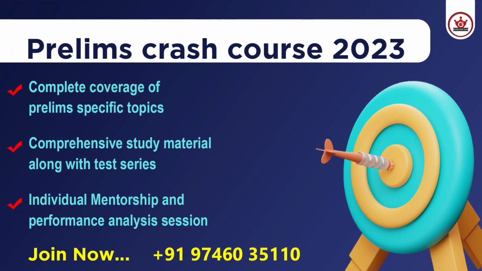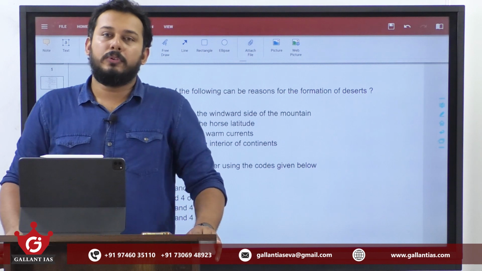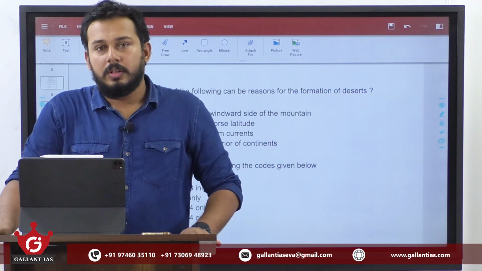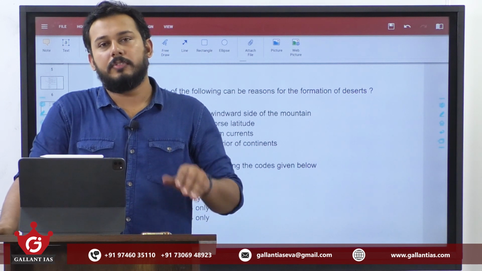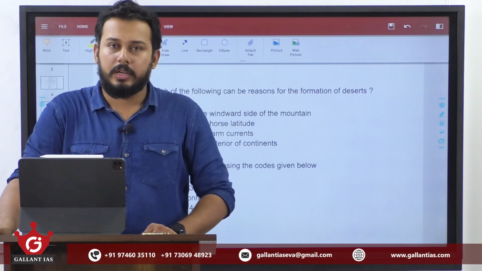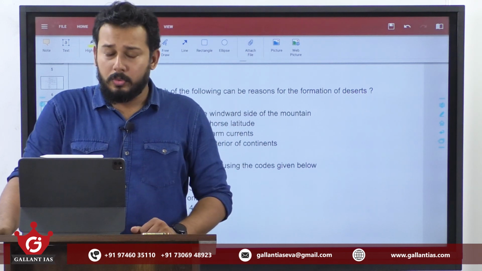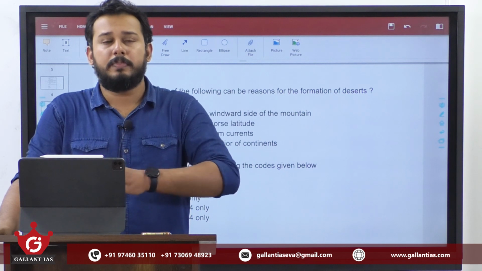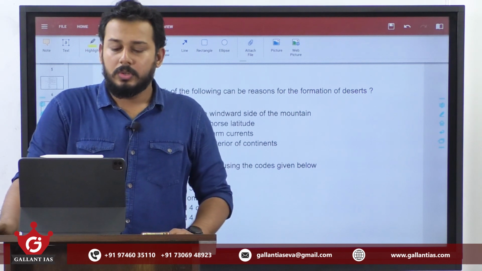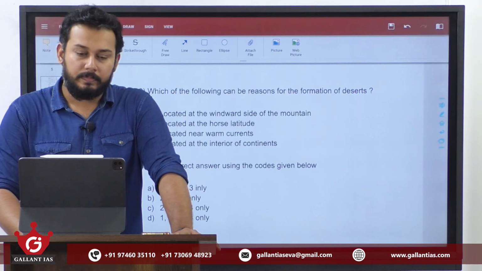So, cold currents are a reason for formation of desert, not warm currents. If you look at the major deserts of the world, they are located nearby cold currents. For example, the Mojave Desert of North America nearby the Californian cold current. The Atacama Desert in South America nearby the Peruvian cold current. Or the Kalahari and the Namibian Desert in Africa nearby the Benguela cold current. So, located near warm current is not the reason, it is a cold current. So, 3 is also wrong.